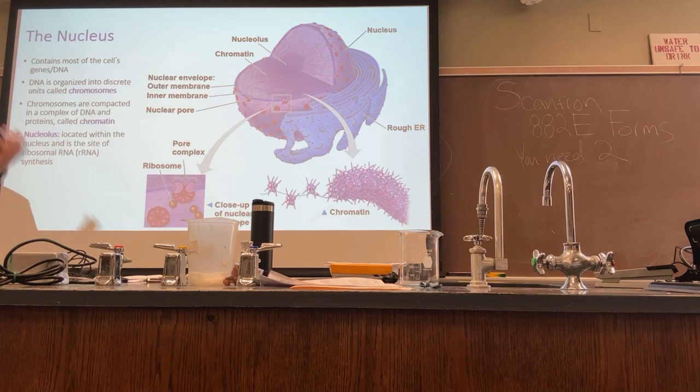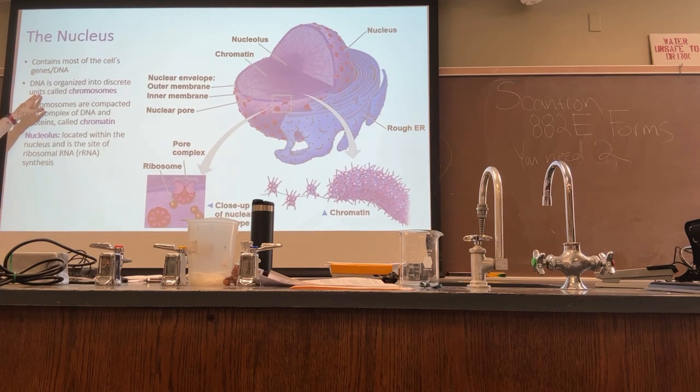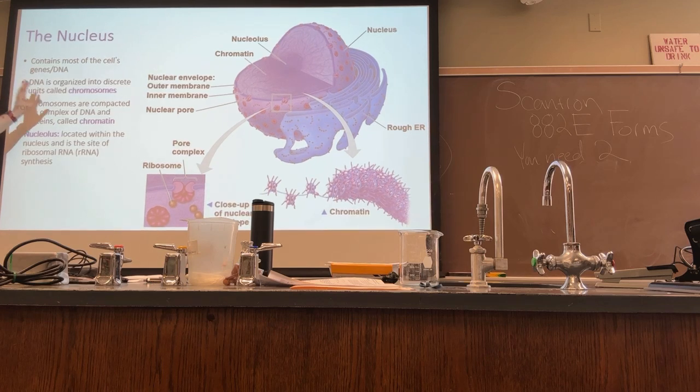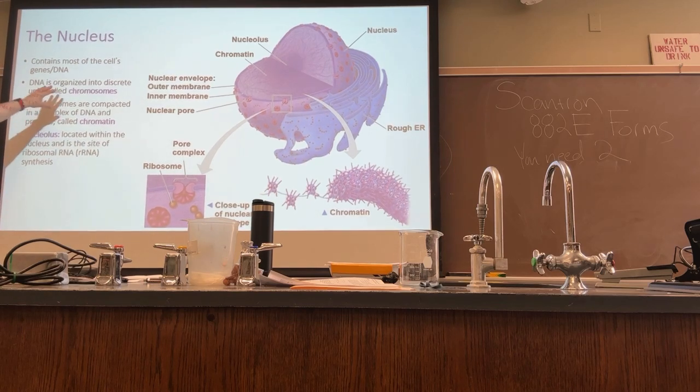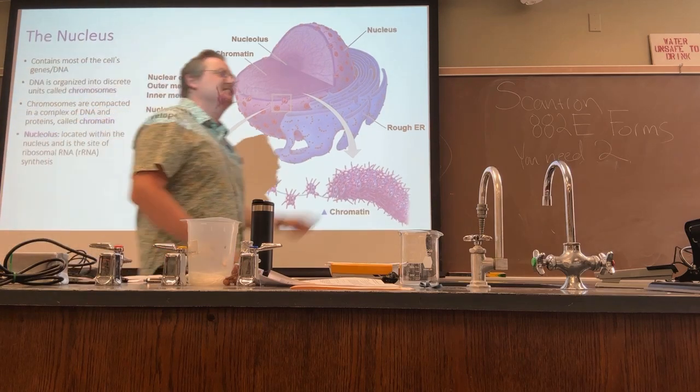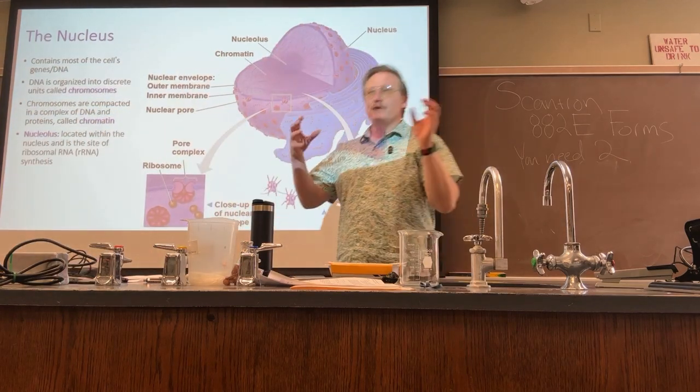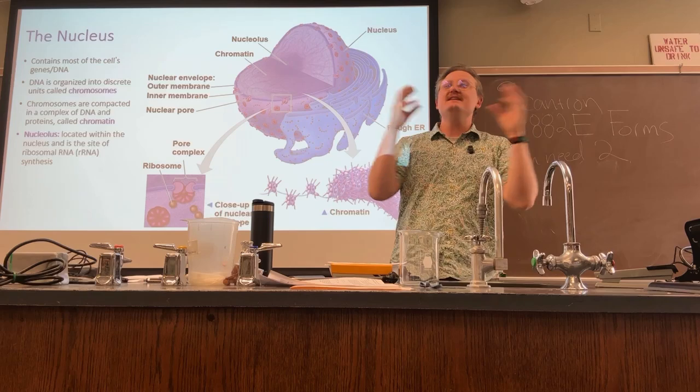This is also referred to as the nuclear genome. In a eukaryote, and this is all eukaryotic stuff, by the way, whereas in the prokaryotes it's all super simple, the DNA is broken into these little discrete units.